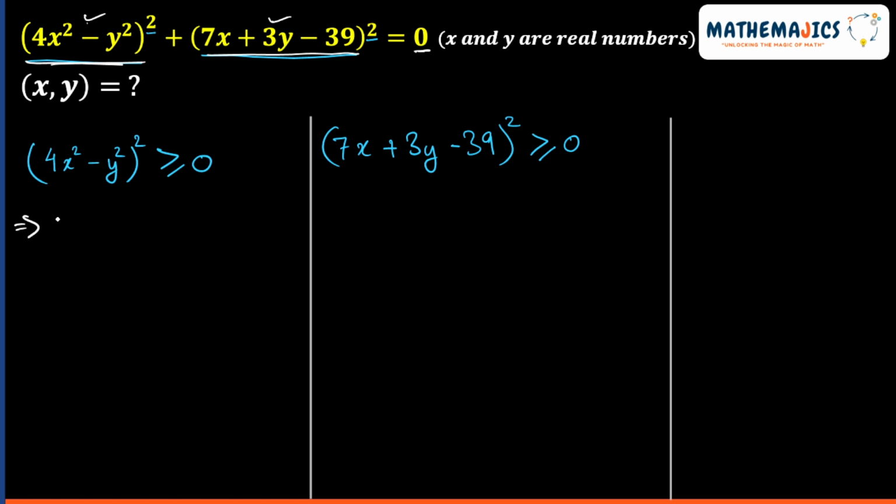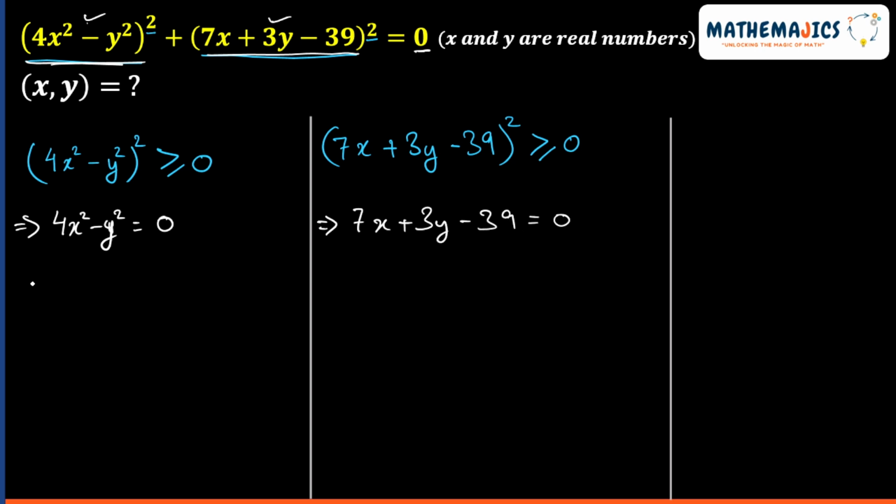So, this will turn out to be 4x square minus y square equals 0. I told you why both of them are 0. Yes, because only 0 and 0 can add up to 0. Similarly, this will also be 7x plus 3y minus 39 equals 0.